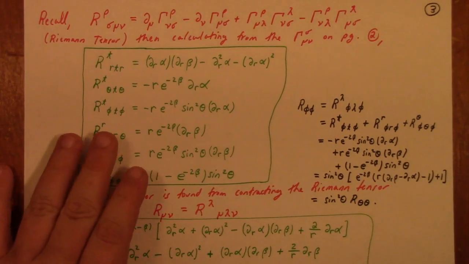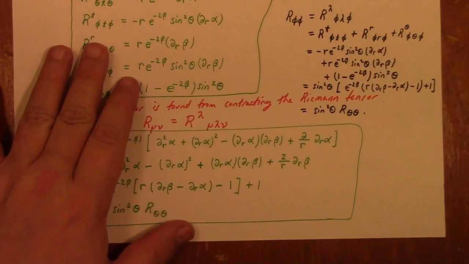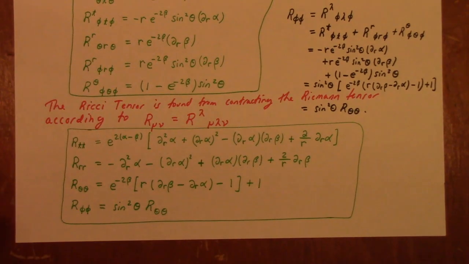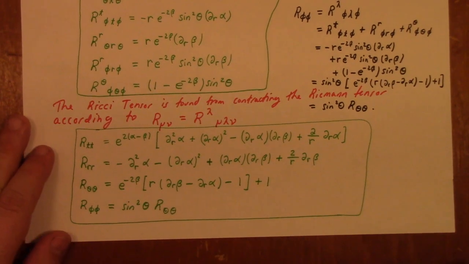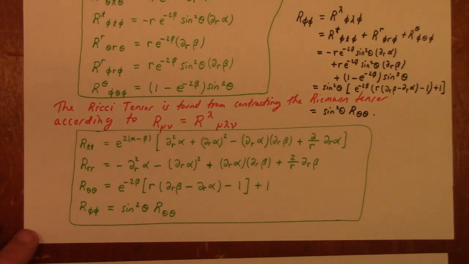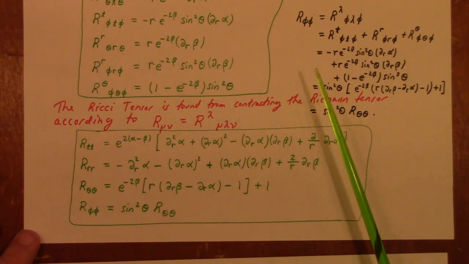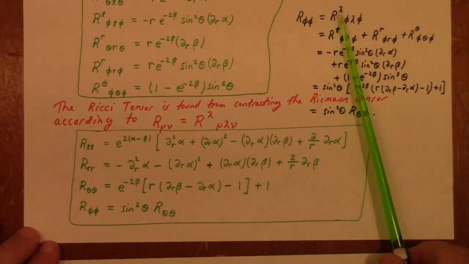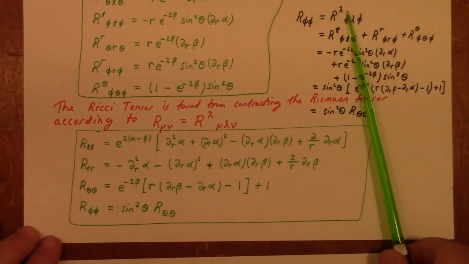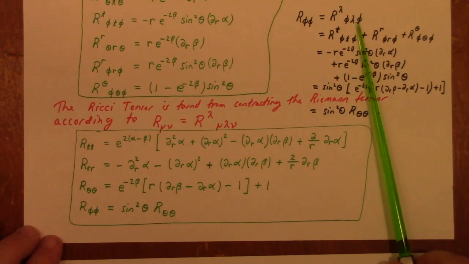It's kind of mundane, but it would be a good check on whether or not you understand the notation, what's going on here. And then next, you can calculate the Ricci tensor, and the Ricci tensor is found from contracting the Riemann tensor, like so, and these work out to these formulas right here. All right. For example, the phi one, so you contract the Riemann tensor like that with phi here and here.